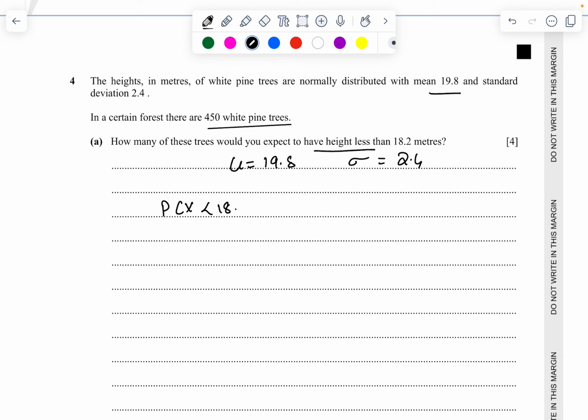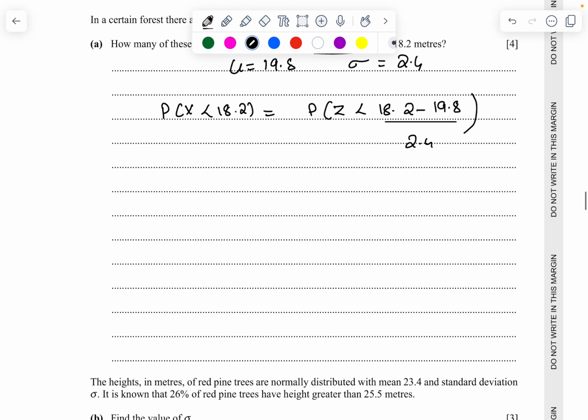Probability of x less than 18.2, which is probability of z less than 18.2 minus 19.8 divided by 2.4, which is going to be probability of z less than minus 0.6667.